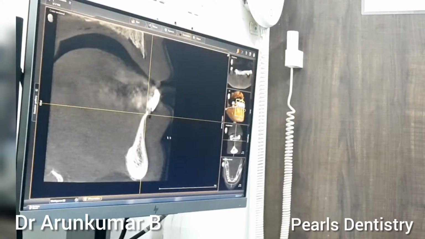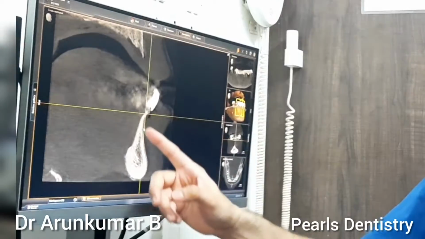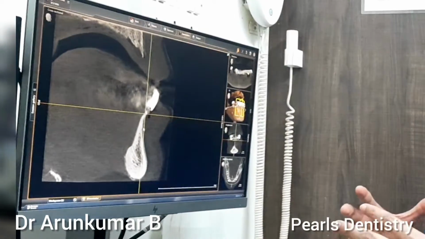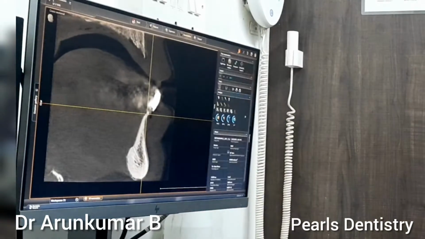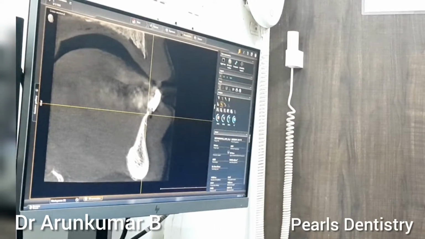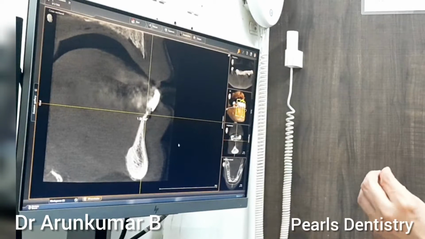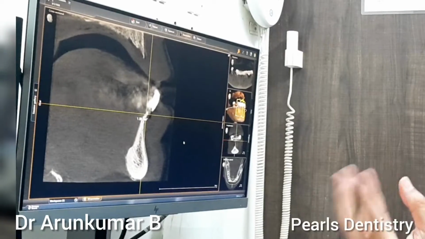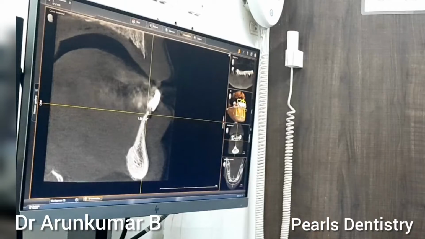When I look at this CT slice here, the bone is actually resorbed a lot. Because the bone is resorbed, when I measure the width here, it's less than 1.5 millimeter width of bone. When there is less than 1.5 millimeter width of bone, we won't be able to do any implants in this scenario.